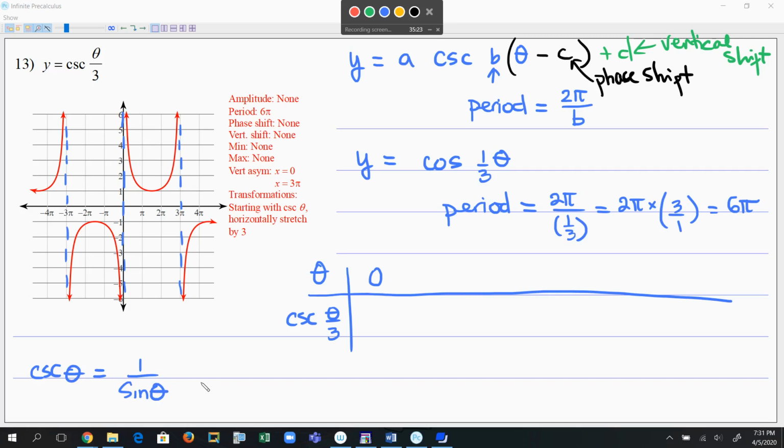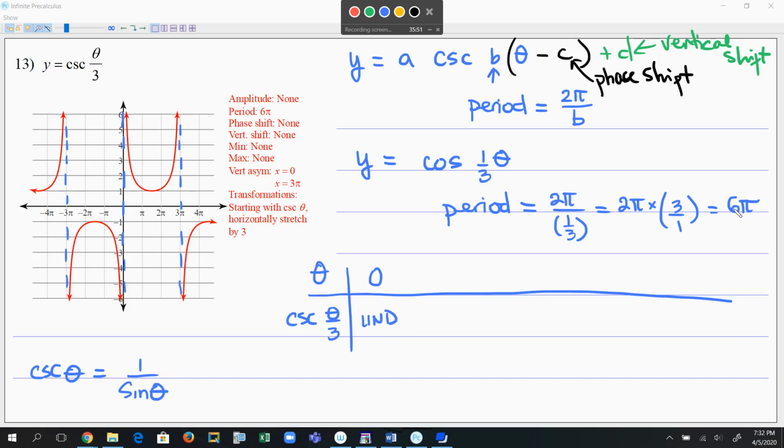Sine of 0 is 0. Cosecant of 0 is 1 divided by 0, which is undefined. So now we take 0 divided by 3, which is still 0, so therefore it's still undefined. That's why we have a vertical asymptote here.